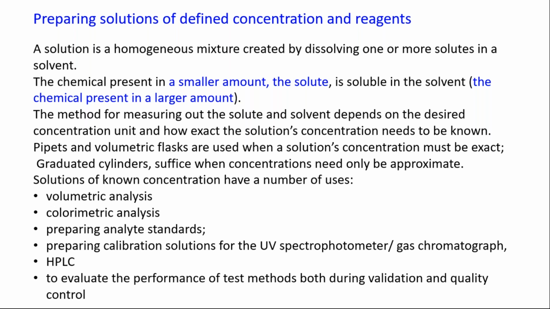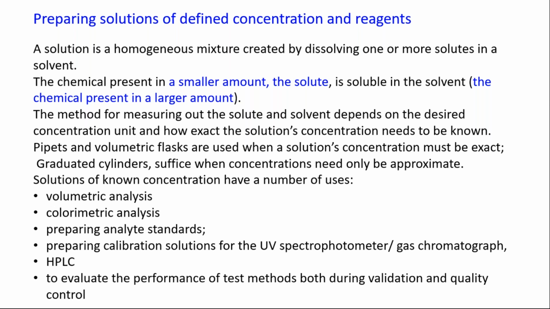So the method for measuring out the solute and solvent depends on the concentration unit that you are going to use. So for measuring the solvent or the liquid, we generally use either the pipettes or the volumetric flasks, or we use measuring cylinders, the graduated cylinders.